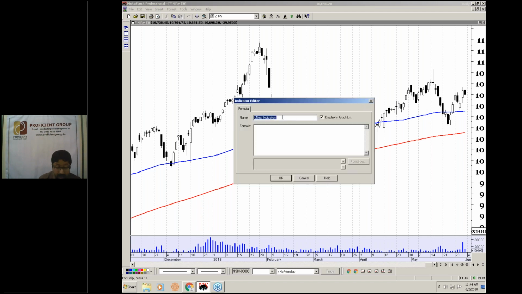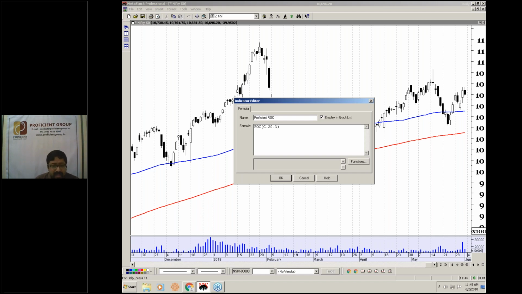an ROC oscillator. I am again defining what we mean by an ROC oscillator. I'm just giving it a name, Proficient ROC. Now, ROC stands for rate of change, C, 20, percentage.